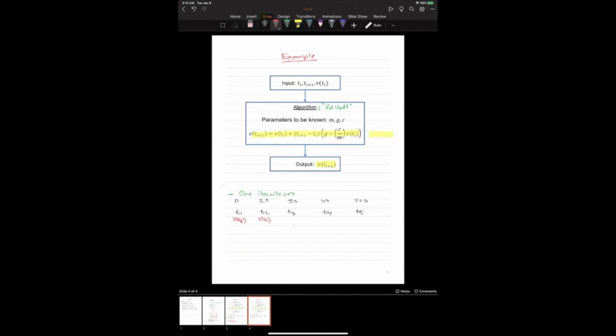Let's say I want to find VT4. So how can I write it? If I write this for the first time, is it correct? VT4 is, if I just follow the algorithm, the velocity update, the present time.